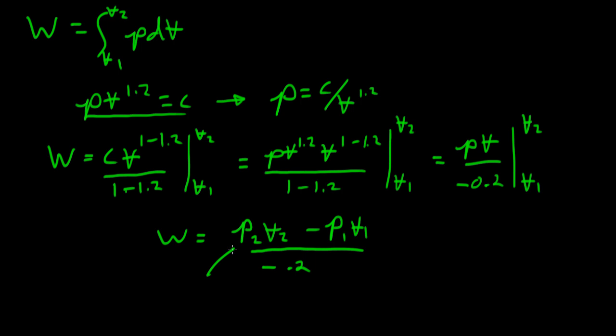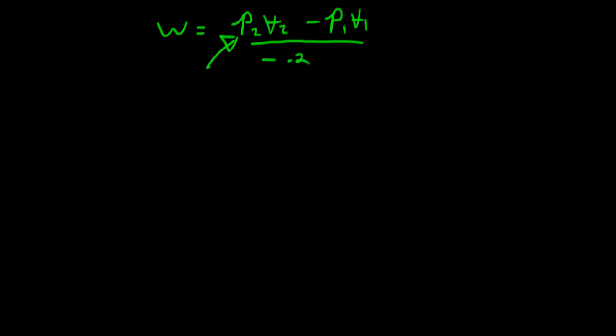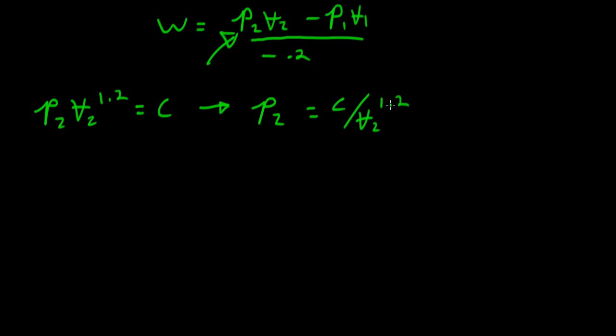Now we sub our values in for the beginning and end states of our process. First we need to find a value for P2. We can compute it using the polytropic relation. P2V2 to the 1.2 equals a constant. Solving for P2, we see that P2 is equal to the constant divided by V2 to the 1.2.